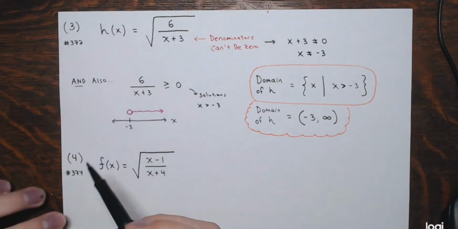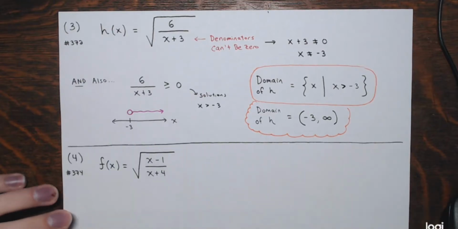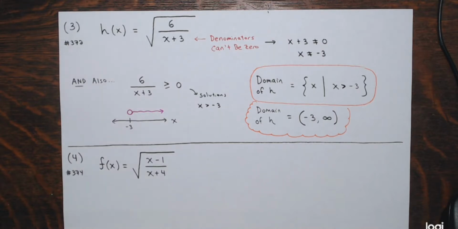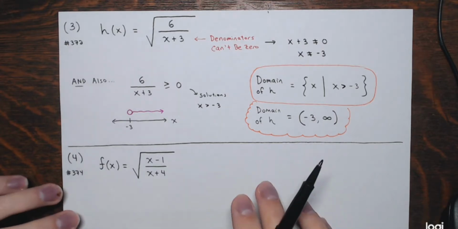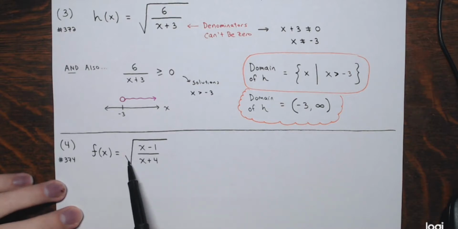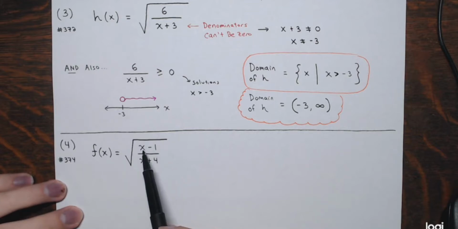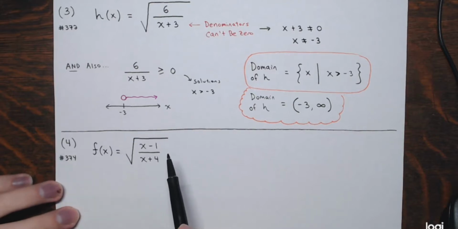All right, next question. Number 4, exercise 374, same deal. I've got f of x equals another even root, another square root of x minus 1 divided by x plus 4, another fraction in the radicand.